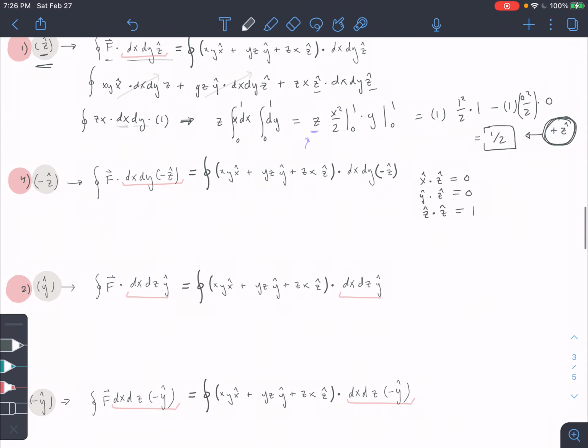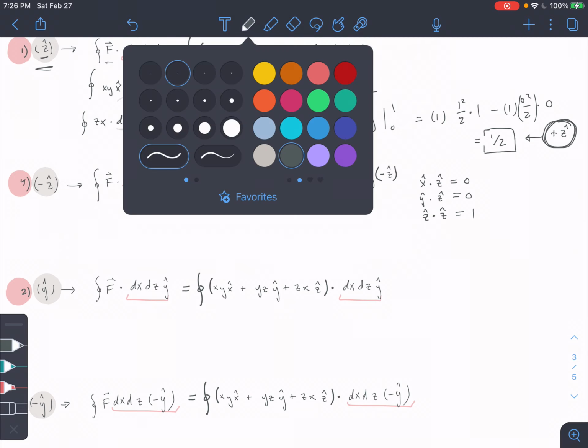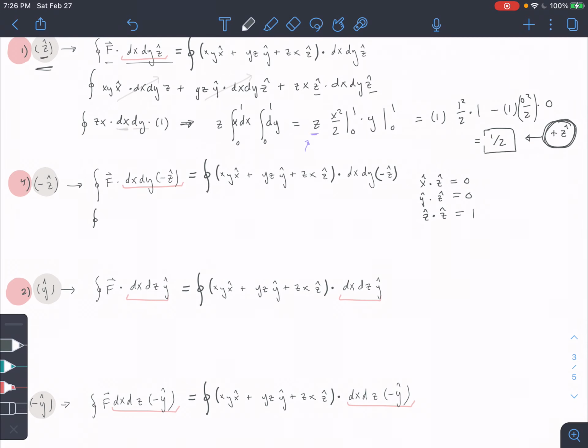Okay, so same process here, but I'll write it out. Xy x hat dot dx dy z hat plus yz y hat dot dx dy z hat plus, so I'm just multiplying and distributing from this top part here, plus zx in the z hat dot dx dy z hat, negative z hat.